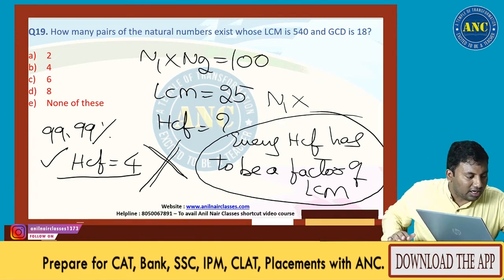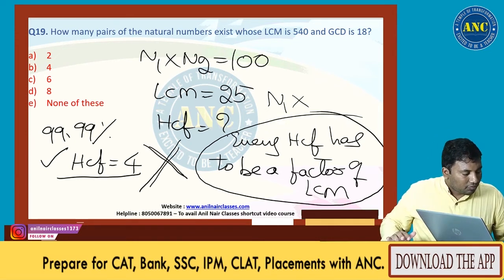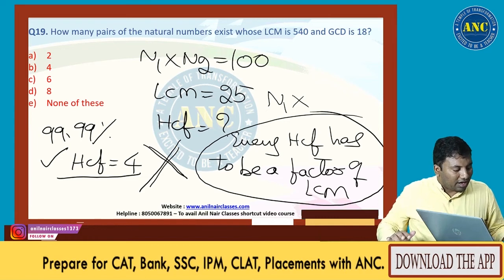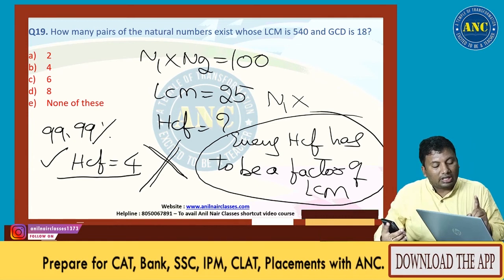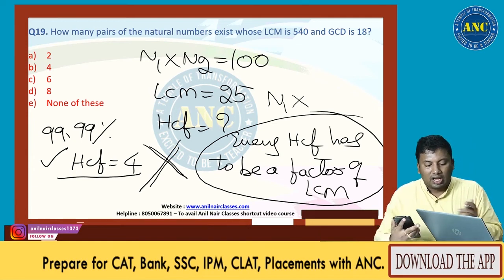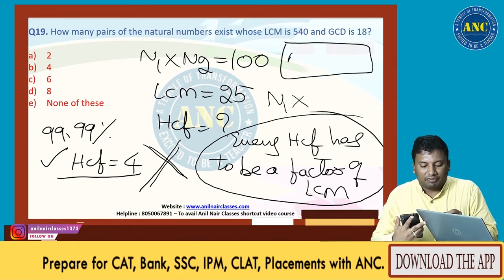I hope it is clear. Very good, beta. In case you got this doubt, yes, every HCF has to be a factor of LCM. Don't tick mark 4 by just blindly substituting a formula.